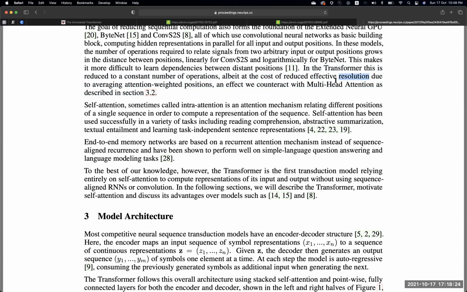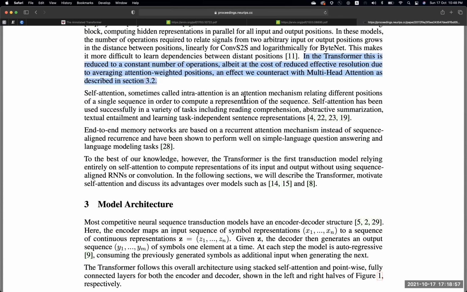For example, if it's trying to say that this is an adjective, then the resolution means the strength or activation with which it wants to say that they are related, like the verb-adjective relation. So if the transformer is trying to say it with a higher resolution, it might mean a higher activation. That gets reduced if this is not done in a normal simple single-head attention, you can say transformer.